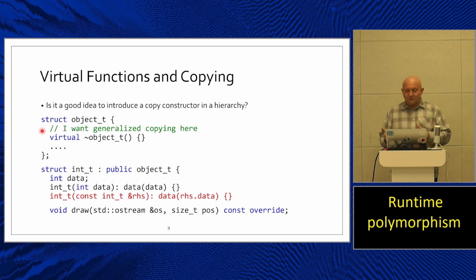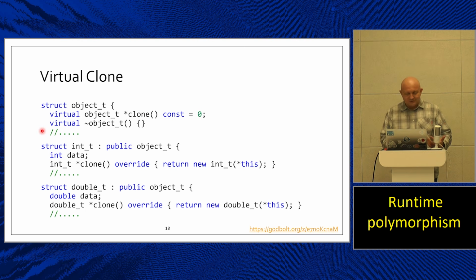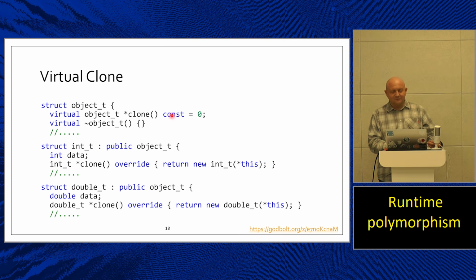So how do we solve generalized copying in a polymorphic hierarchy? The answer is not really the C++ way, but it is practical. The traditional solution is to disable all copy and move constructors and assignments and define a virtual method to clone.